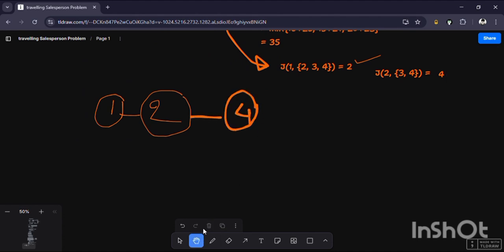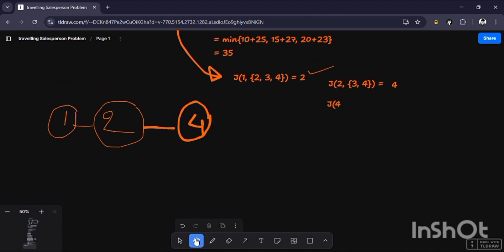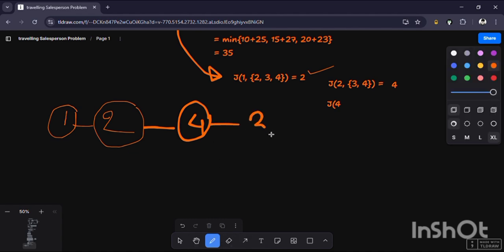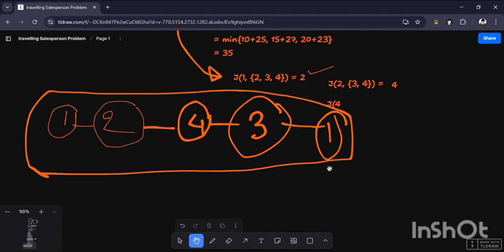I am at 4, so now I have to calculate the value of j of 4. Now from 4 there is only one vertex that I need to visit, and that is 3. So I have to visit 3 and 1. So this is the path, right? This was the path that Suraj told the postman. So this is how he found the path using mathematics. You can see this path cost him 35.